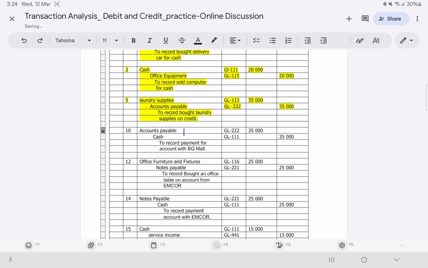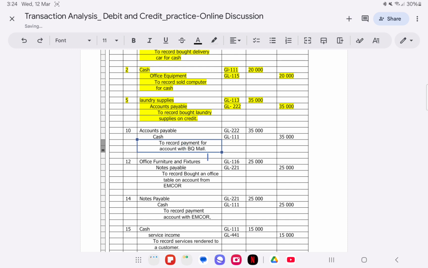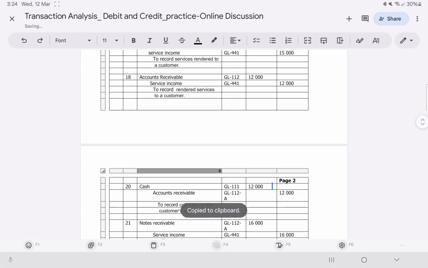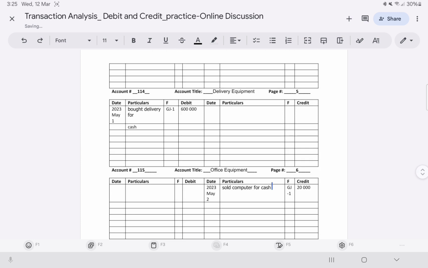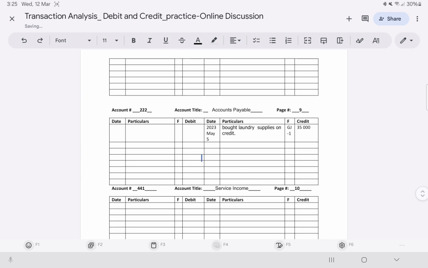So our debit is accounts payable, 35,000. So we are paying our obligations to our supplier, BQ Mall, Tagbilaran City. So accounts payable debit of 35,000. Payment of account to BQ Mall. Accounts payable 35,000.